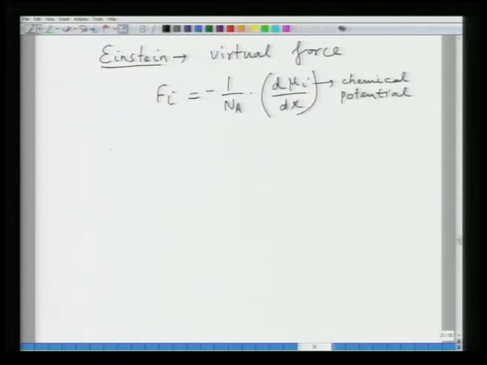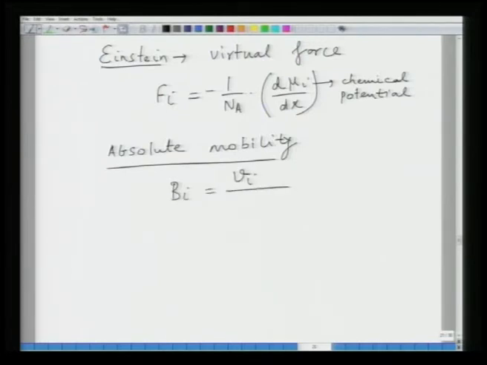In such a case I can write what the absolute mobility is. The absolute mobility Bi is given as Vi, which I know, divided by force Fi, and I can write this as Vi divided by minus 1 by Na into d mu i by dx.